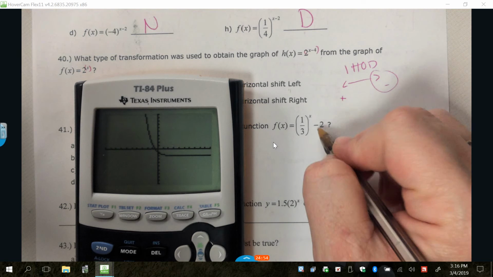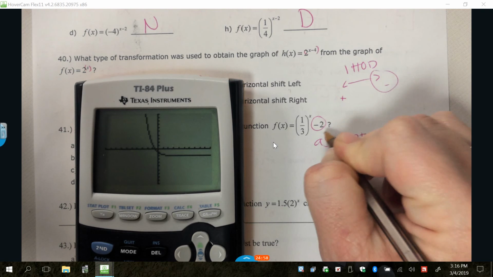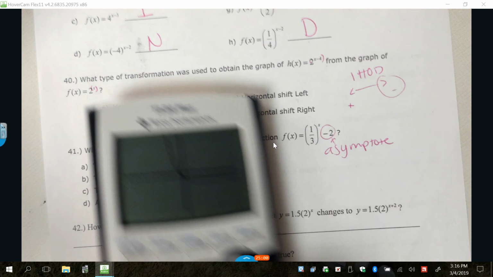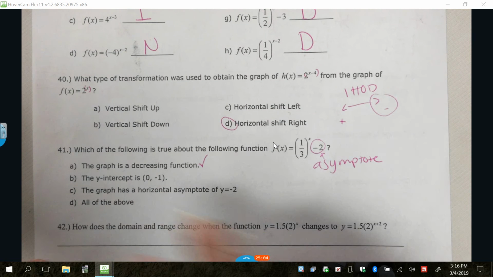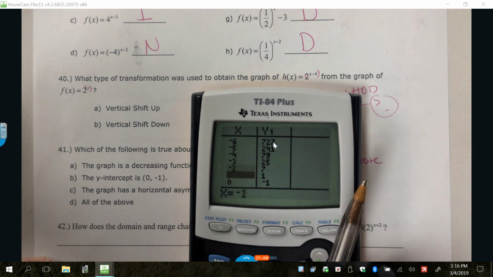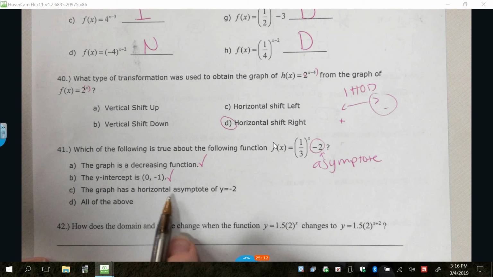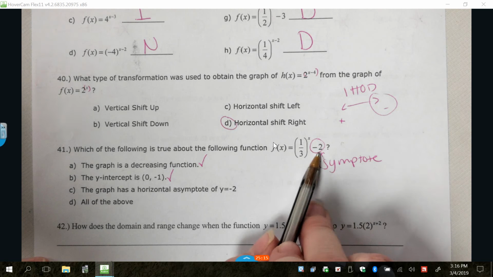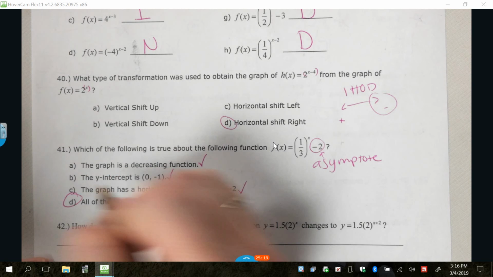We know that because of this, my asymptote. Do you remember that this number is always your asymptote? Okay, so the graph is decreasing. We just saw that, yes. The y-intercept is 0, -1. Let's look. At 0, is it -1? Yes, so that is true. The graph has a horizontal asymptote of y equals -2. Yes. And so my answer is D, all of the above.